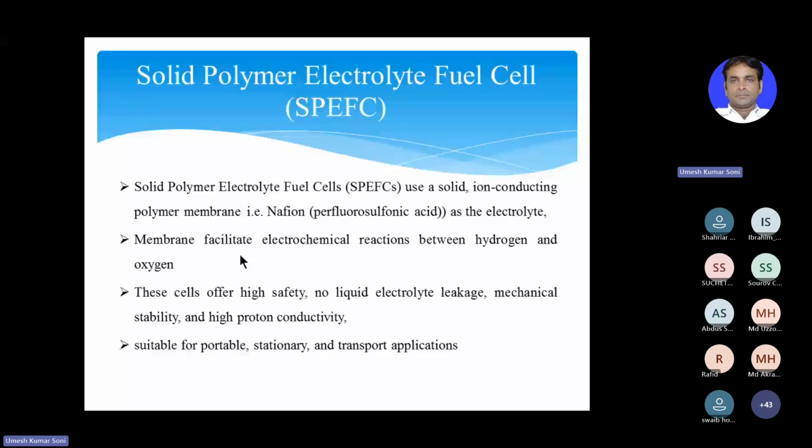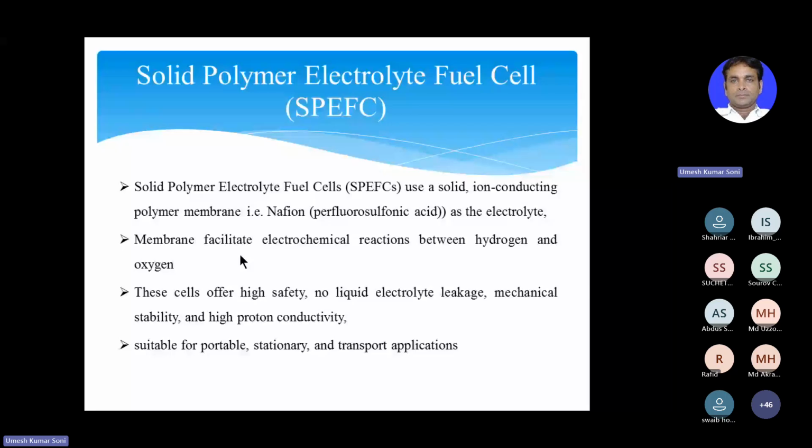Mechanical stabilities are also very high. There is very high proton conductivity from anode to the cathode, and it is very suitable for stationary and transport applications. Stationary means which are not having the movement. Okay, and also for the transport applications where there is very high power requirements.